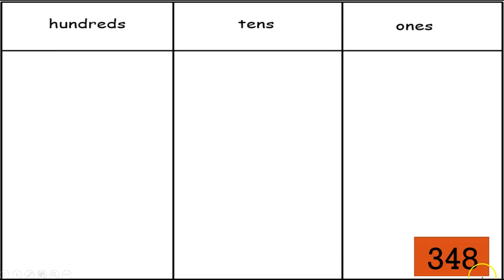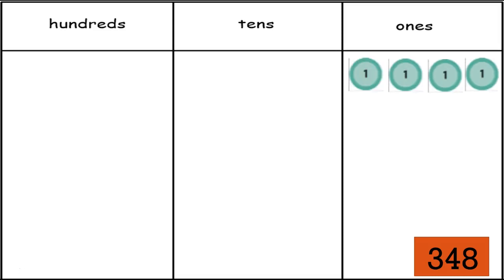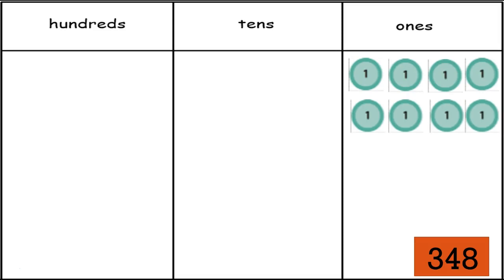Alright, so this is what I need to do. I have a number down here, 348, and I need to make this number using those discs that I just did. So how many one discs do I need? Right, 8. So let's count that out. 1, 2, 3, 4, 5, 6, 7, 8.